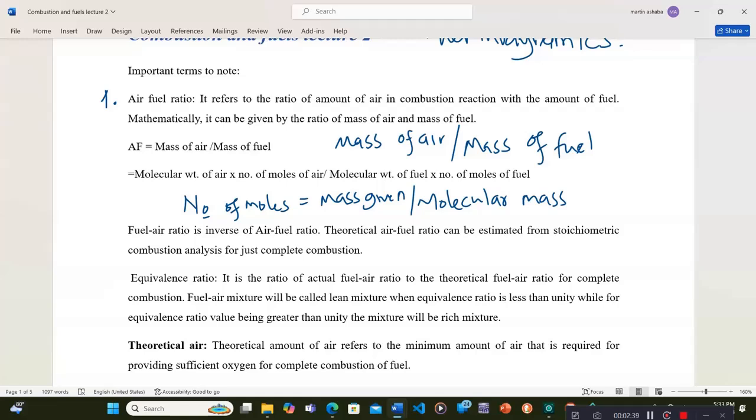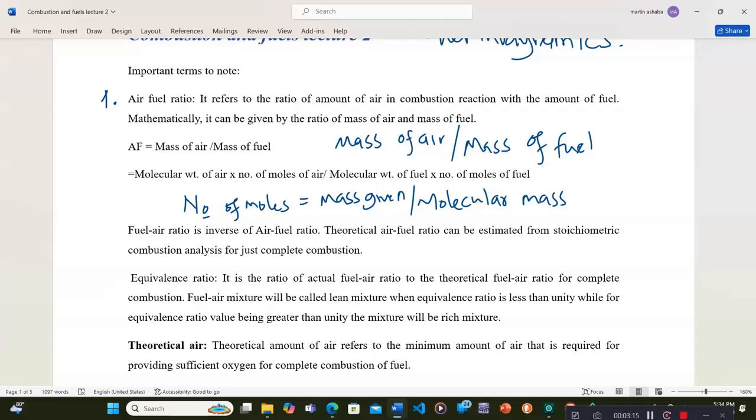So the theoretical air-fuel ratio can be estimated from stoichiometric combustion analysis for complete combustion, because we may need to determine this. We can determine this air-fuel ratio by getting the reactants, which could be oxygen and the fuel, which could be carbon, giving carbon dioxide plus, for example, maybe excess air and heat.